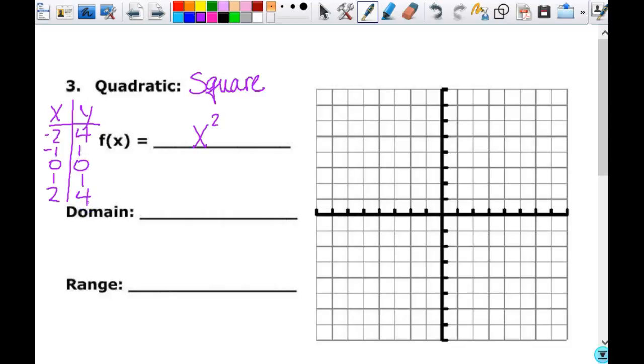All right, so we will plot those points. So when x is -2, we're at 4. When x is -1, we're at 1. And you should totally know better and not just connect the dots here, right? Because you know what the shape of it should look like. It's a curve. What do we call this curve? A parabola.